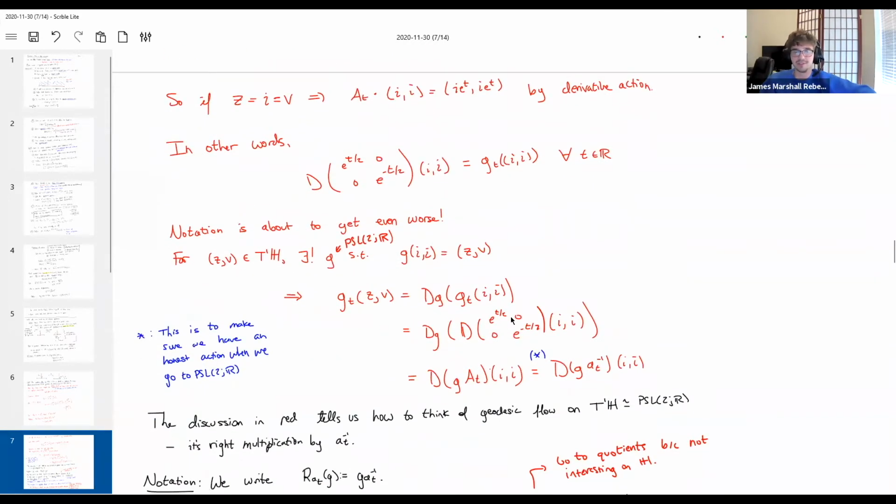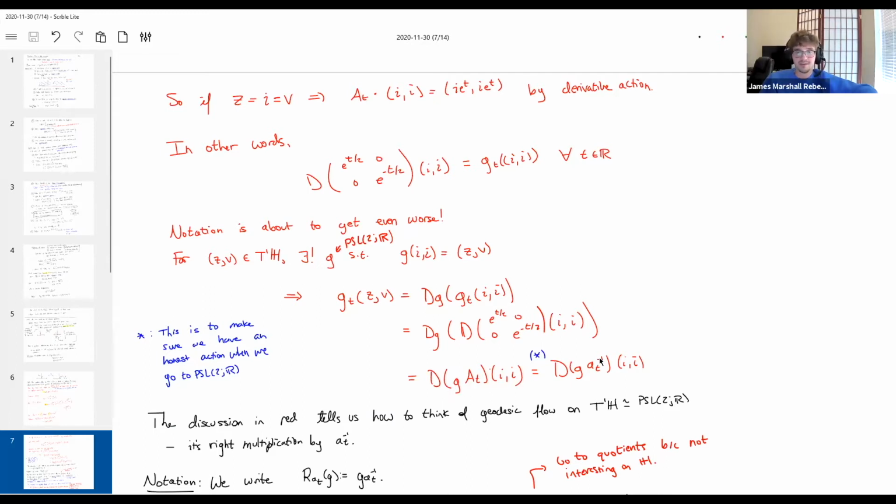So geodesic flow for this specific point here is going to be the derivative action of the element from PSL2R acting on the geodesic flow for II. The geodesic flow for II is the derivative action of this original matrix on the vector II. And because we have compatibility of the action, we can rewrite this as d of G A t II.